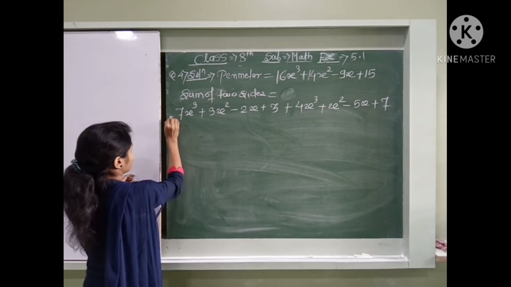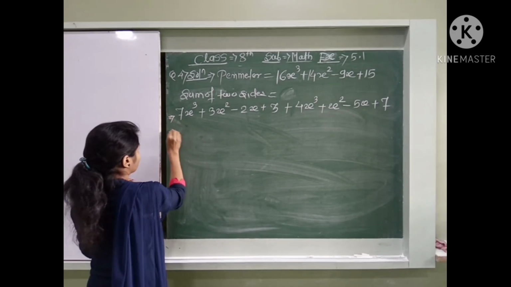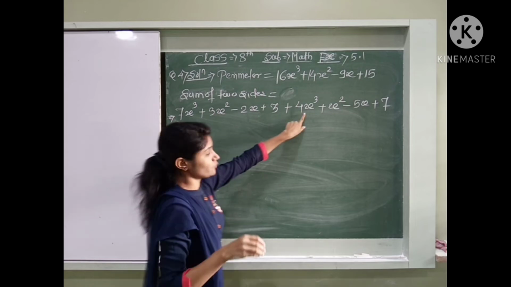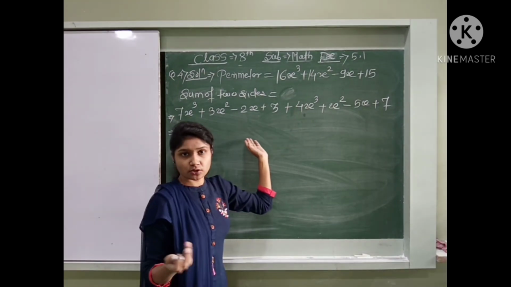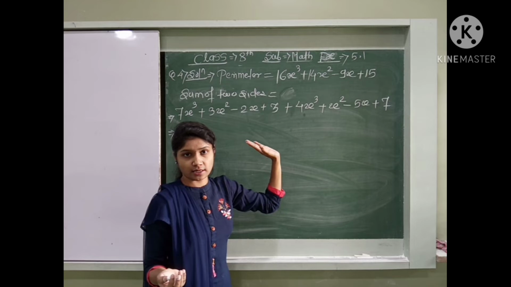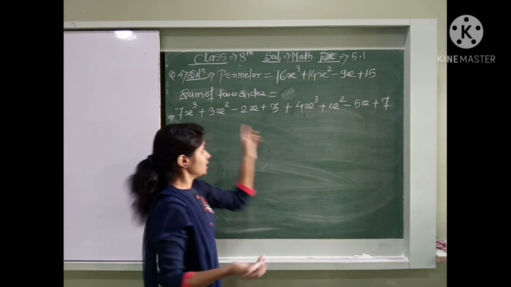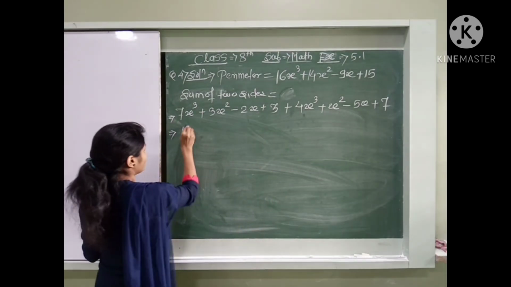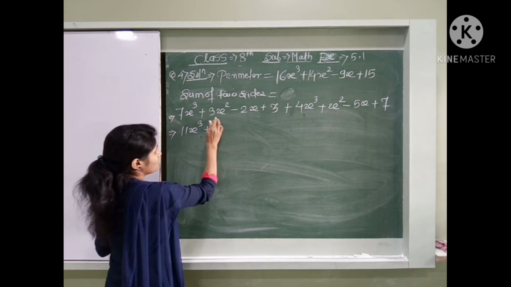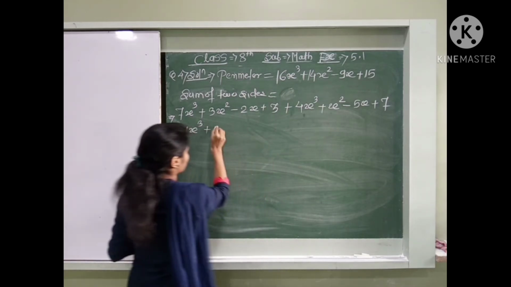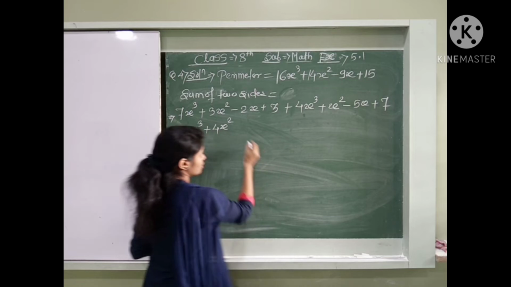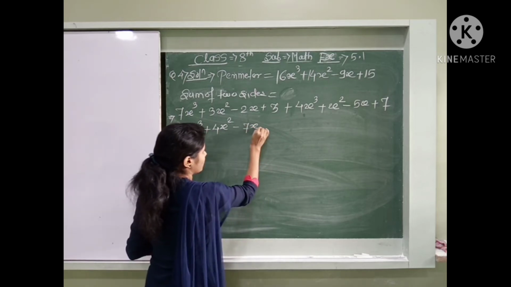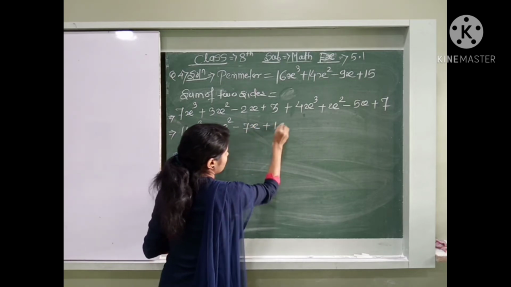There are like terms: 7x cube and 4x cube. You get used to collecting like terms and solving them. 7 plus 4 is 11x cube, plus 3x square plus x square is 4x square, minus 2x minus 5x is minus 7x, plus 7 plus 3 is 10.